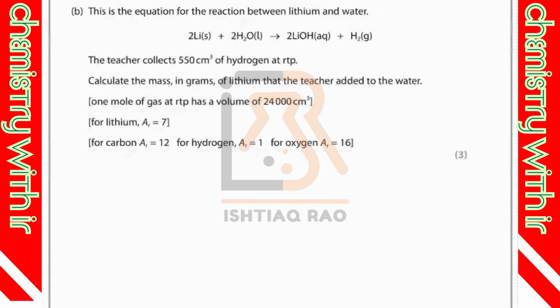Calculate the mass in grams of lithium that the teacher added to the water. 1 mole of gas at RTP has a volume of 24,000 centimeter cube, and they have given you the atomic masses of each element. So you can tell the mass of lithium.